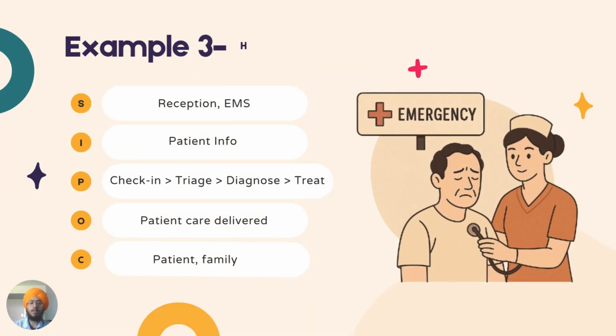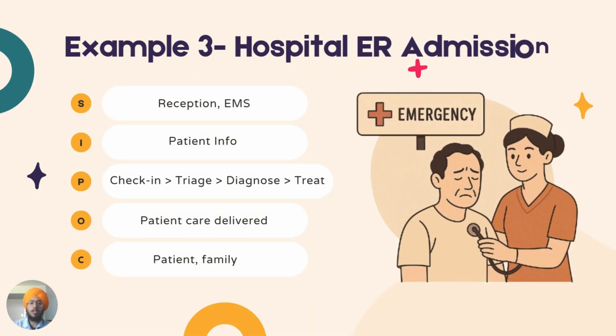Next, we have hospital ER admission. The suppliers here would be the EMS team that would bring in the patient and the hospital reception staff. The inputs are the patient's symptoms, identification, and medical records.